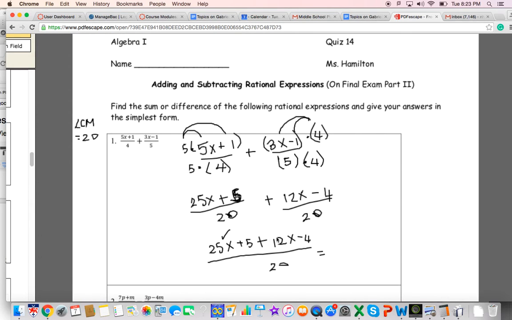So 25x plus 12x should give us 37x. And 5 minus 4 should give us plus 1. And that's all over 20. Now, everything is as simple as it can get. And that is our final answer.